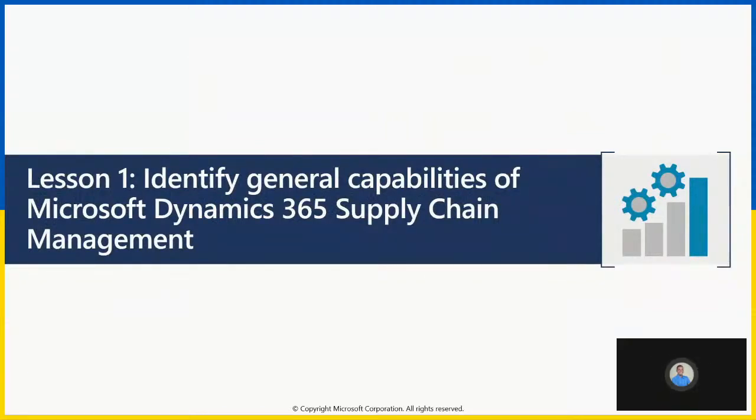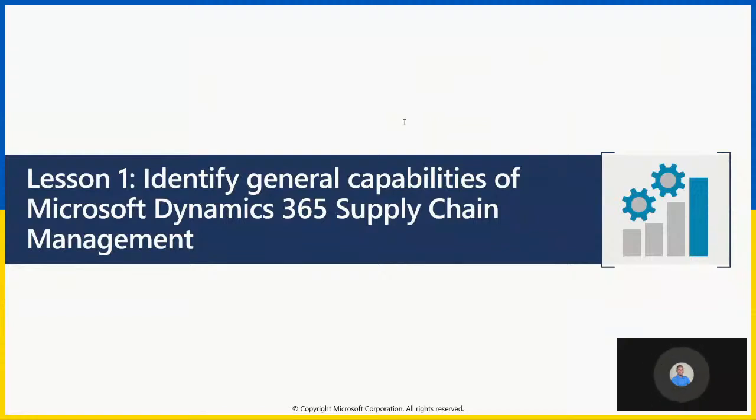So let's start with the general capabilities that we have in Dynamics 365 supply chain management. In SCM, we can take control of how we execute the flow of goods and services in the organization.